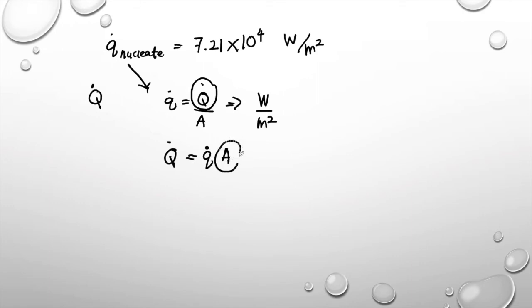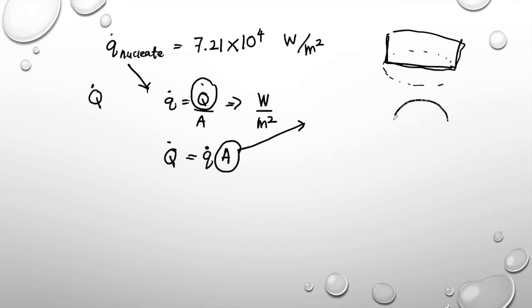Now we have to determine the area. Here we will use pi d squared over 4 since the pan is a circle. If we see the side view, the area looks rectangular, but actually the heat transfer is on the bottom of the pan, and the bottom of the pan is circular.